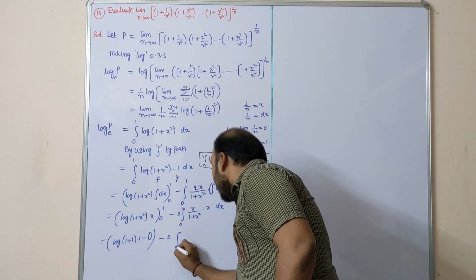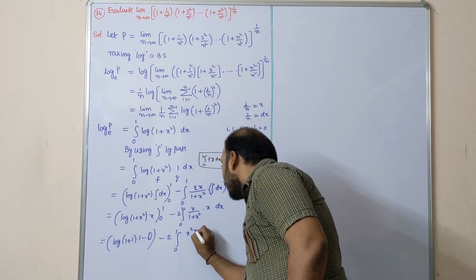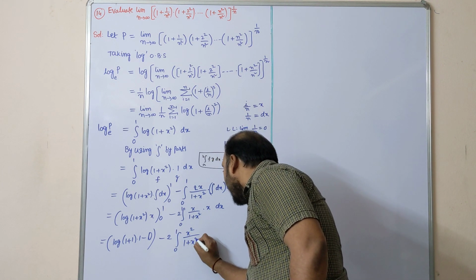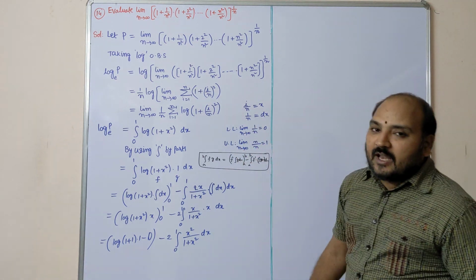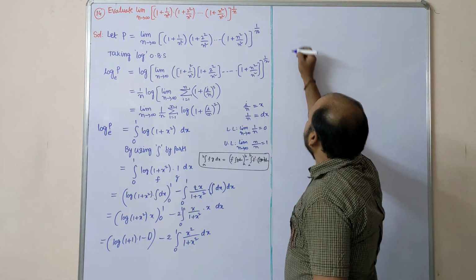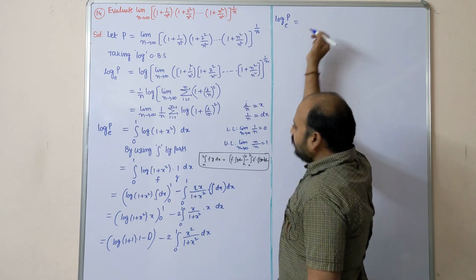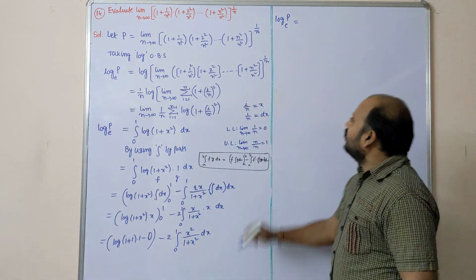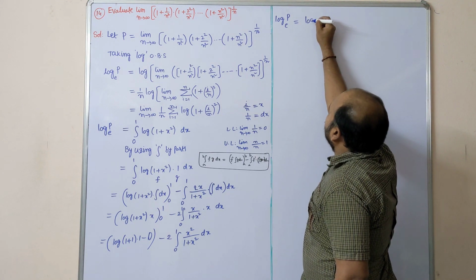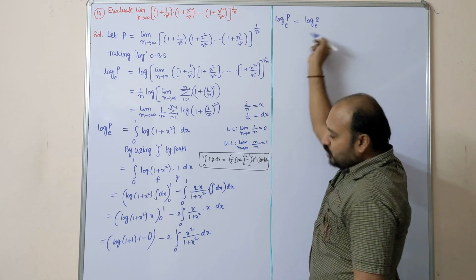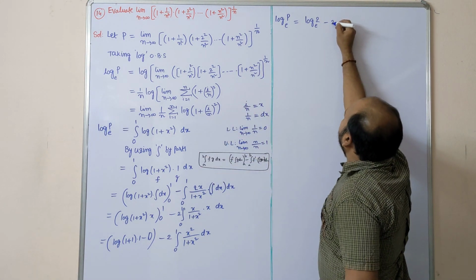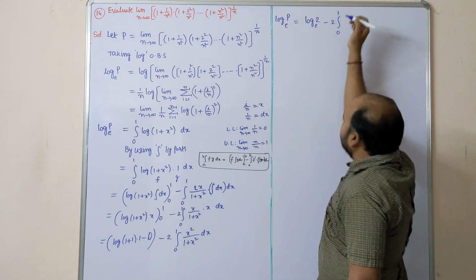Minus 2 into integral 0 to 1 x square by 1 plus x square into dx. Later on, this limit will become log p to the base e equal to, this value is log 2, that means log 2 to the base e, minus 2 into integral 0 to 1.